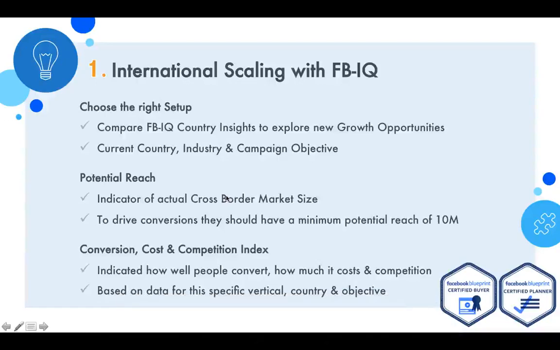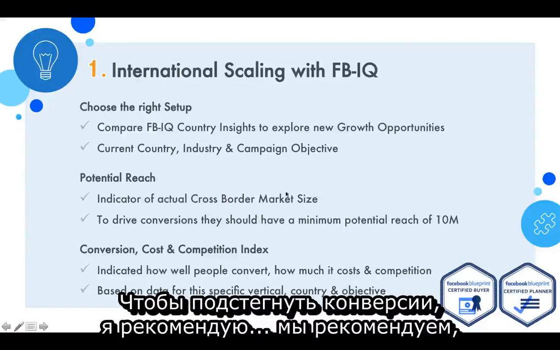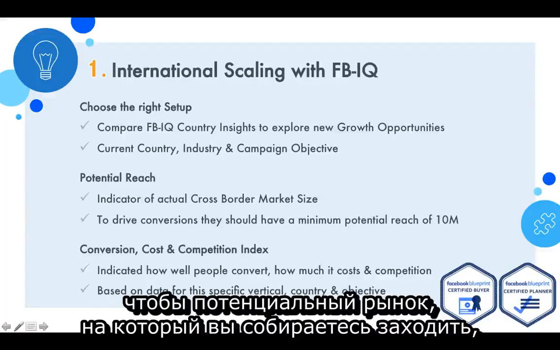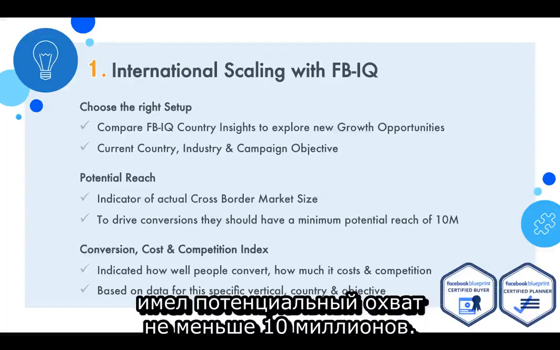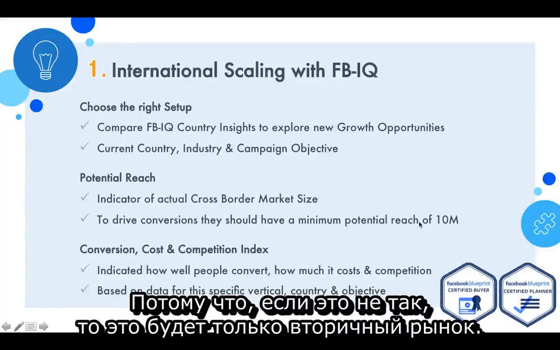market size. And to drive conversions, we recommend that the potential markets where we want to enter should have at least a minimum of 10 million people potential reach, because if not, they're just a secondary market.